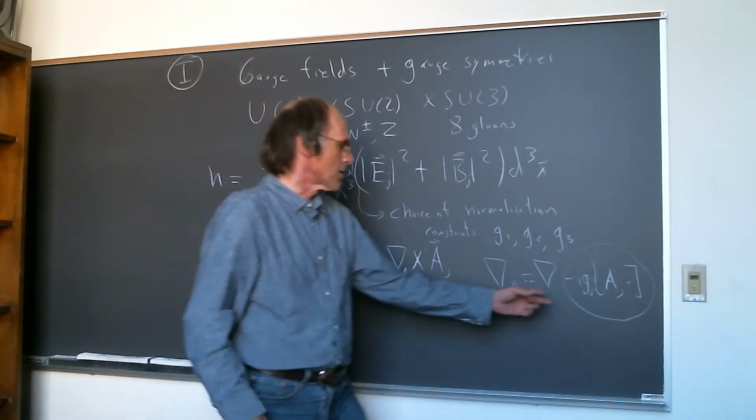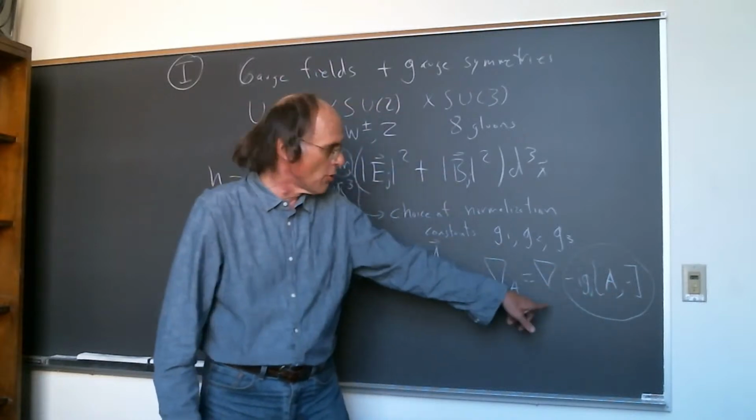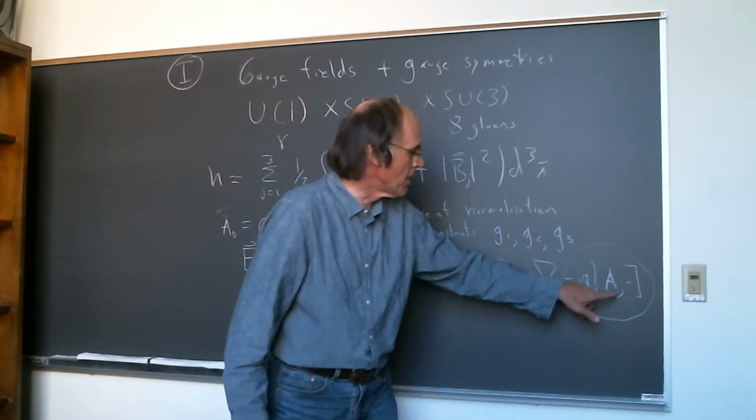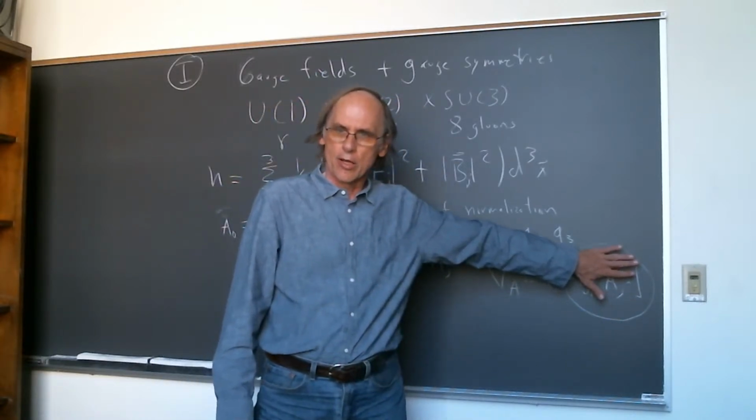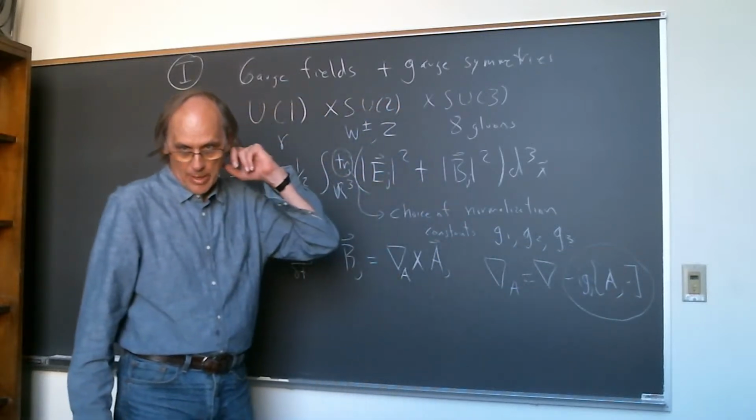So the problem is that in the U1 case the commutator is 0. So in the U1 case you don't see this at all, but in the SU2 and SU3 cases you have this term to worry about.